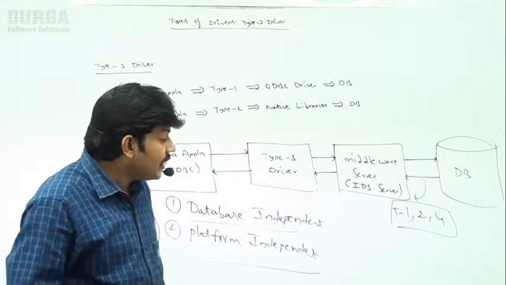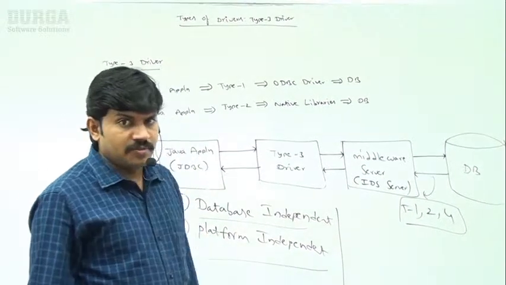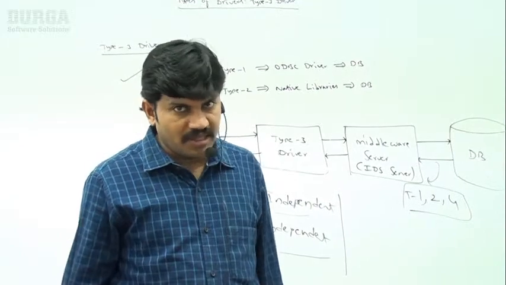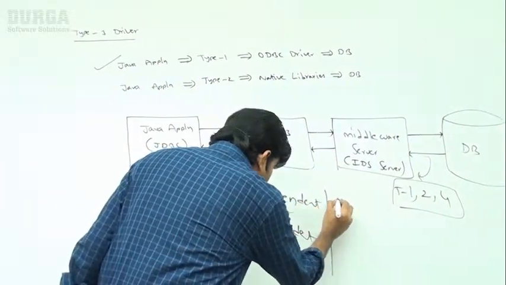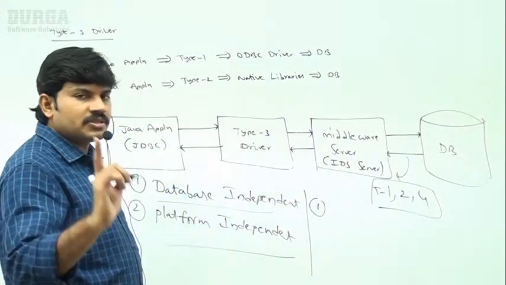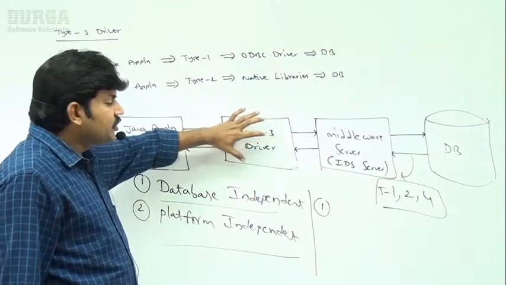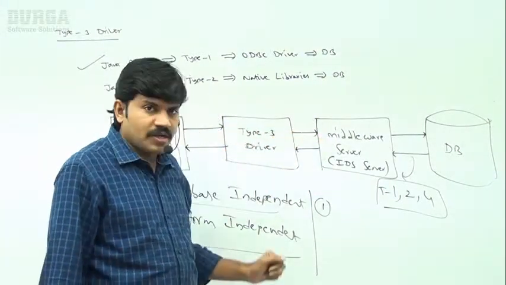Okay, that's all. Next, sir, even though this driver is this strong, there are still some problems. Obviously some limitations are there, sir. What are those limitations? The first limitation, have you observed? First, JDBC calls have to be converted into middleware server specific calls.